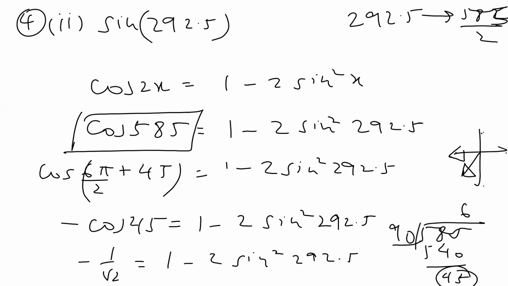Okay, so now solve this. 2 sine square 292.5 is equal to 1 plus 1 by root 2. Fine.